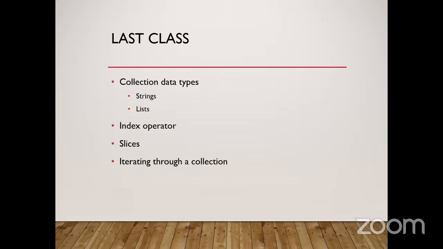We used indexes to access different parts of our strings and lists, right? We sliced up our string. We only took parts of it, or we only took parts of our list and did things with it, right? And we iterated through collections. Iterated is a fancy word for we went through it one step at a time in one direction or the other. We used our loops.